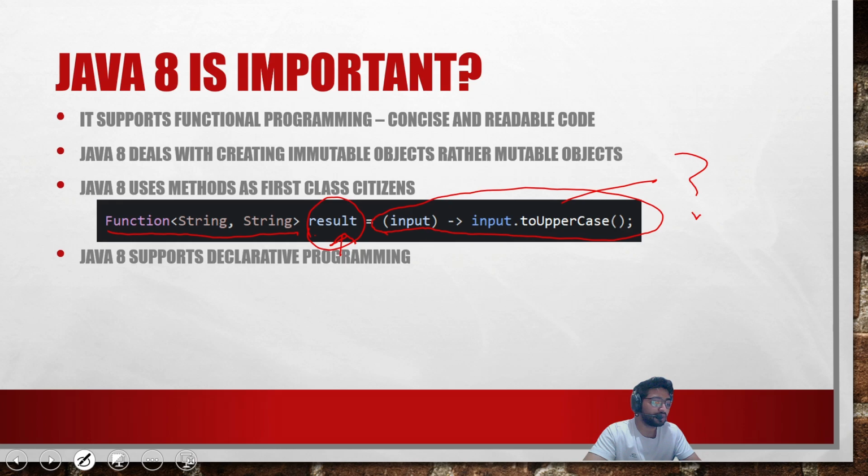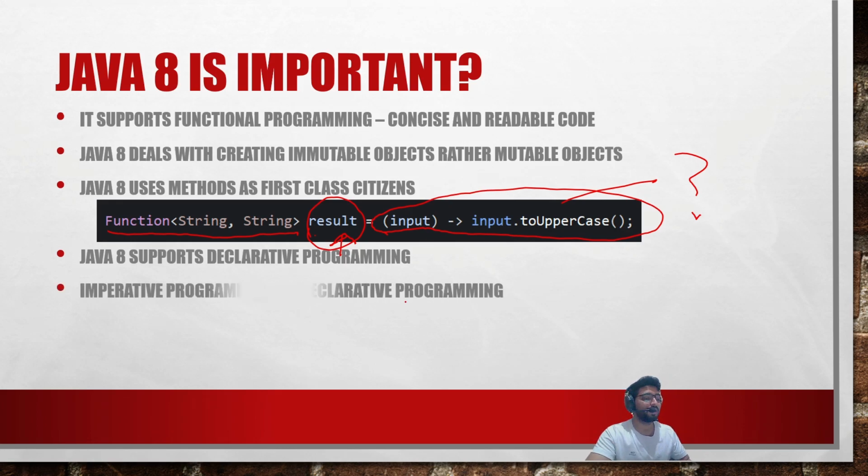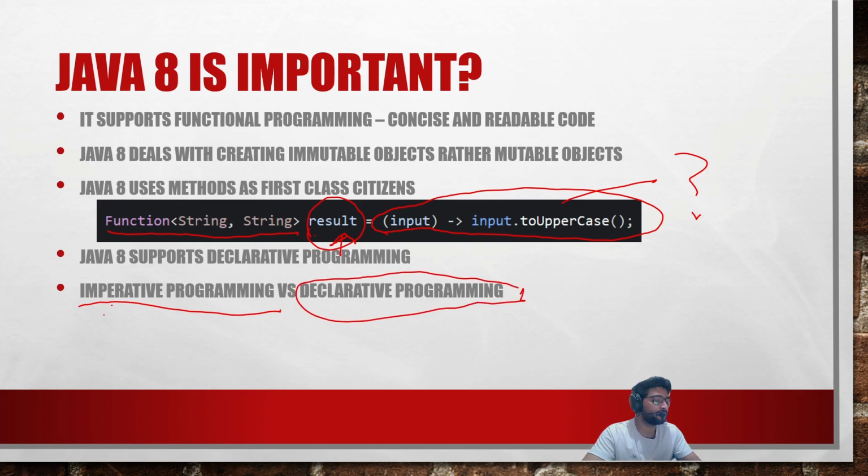We will see in our next slide. Prior to Java 8, programmers focused on imperative programming, but after Java 8 came, we need to focus on declarative programming. So let's see the difference between them with the help of examples in our next slides.